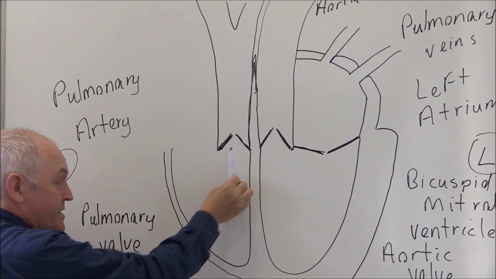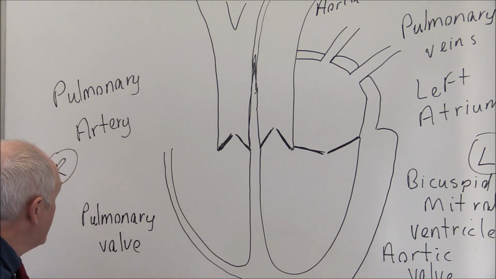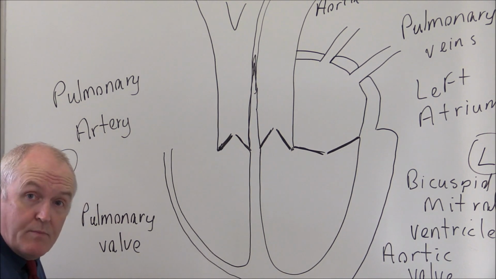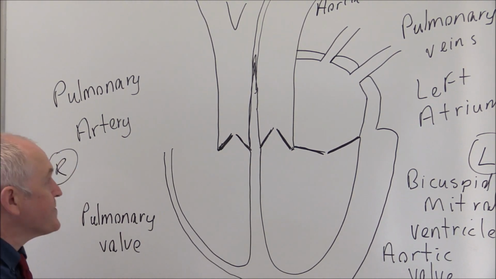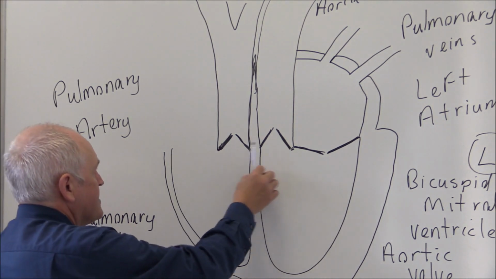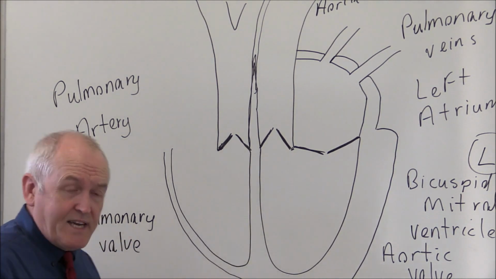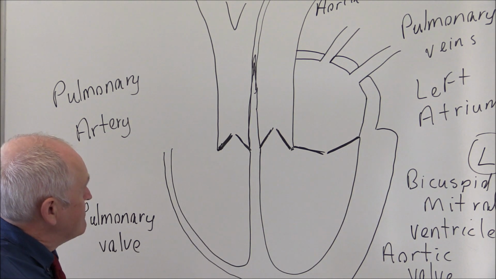That is the pulmonary arterial valve, also sometimes called the pulmonary arterial semi-lunar valve. So both of these valves are sometimes described as semi-lunar valves.